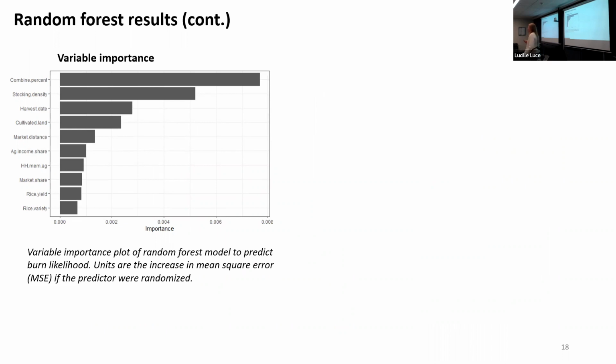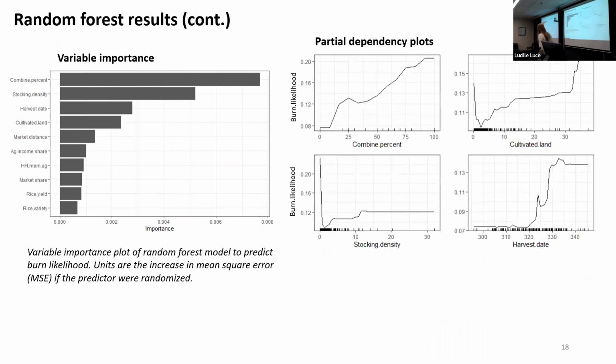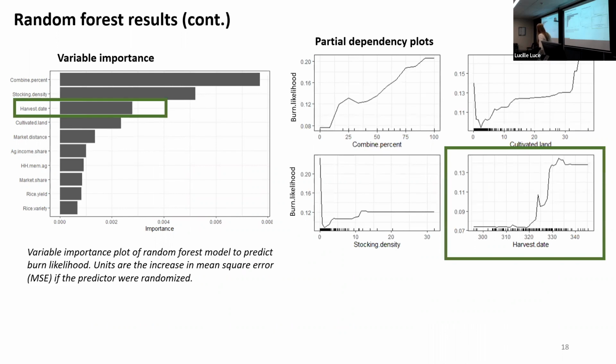Again, you can see that combine and livestock rise to the top, but I want your attention to go to that third variable there, harvest date. On the right, we're looking at a partial dependency plot. We want to see how harvest date relates to burn likelihood on the y-axis. What's interesting is we see this very clear ledge here.